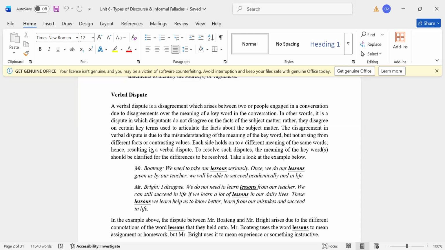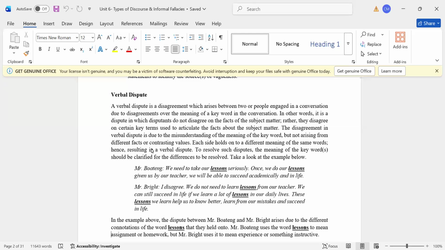Somebody can say that Gilbert is on admission in Kwalebu. And another person, John, will say, this is not true. Gilbert gained admission to GCTU to study IT. That is a verbal dispute.